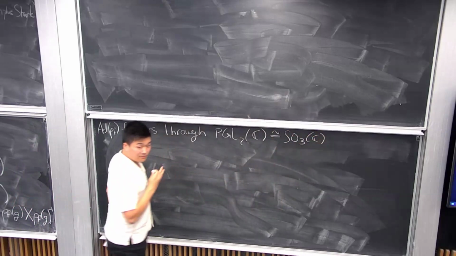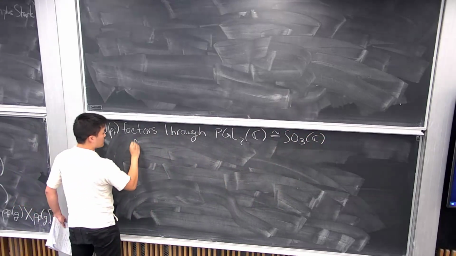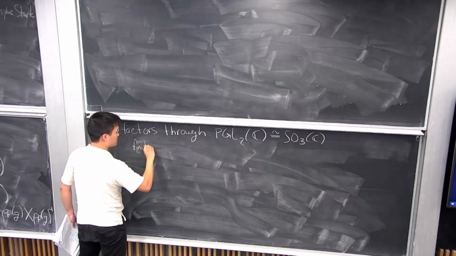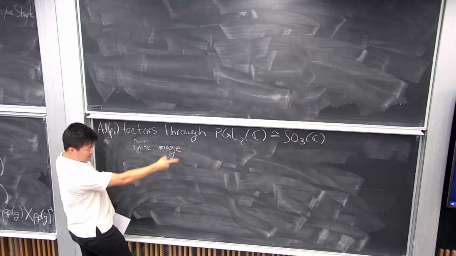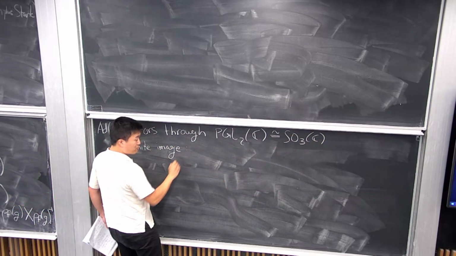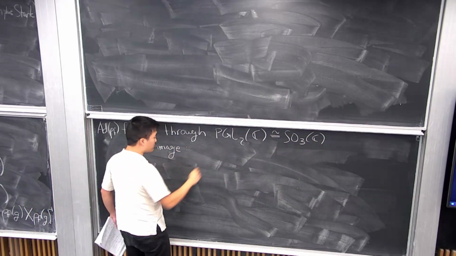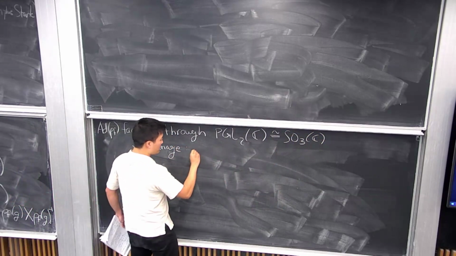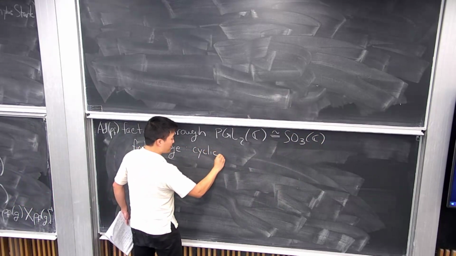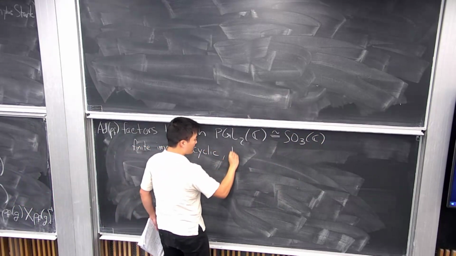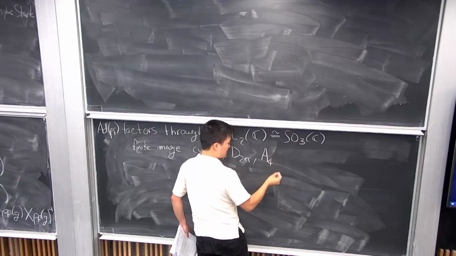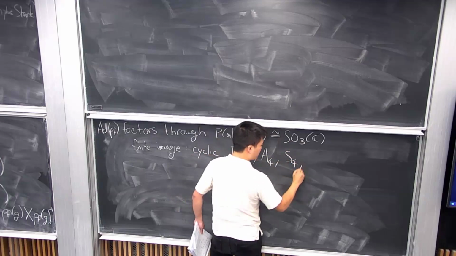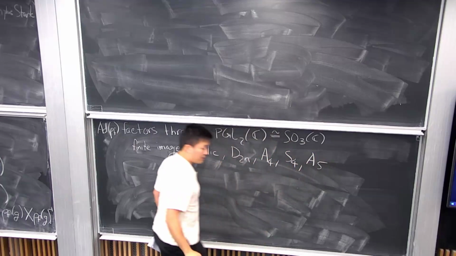And it has finite image. In particular, there are only 5 possible kinds of finite subgroups of this. So it either has a cyclic image, dihedral image, or has image isomorphic to A4, S4, or A5.